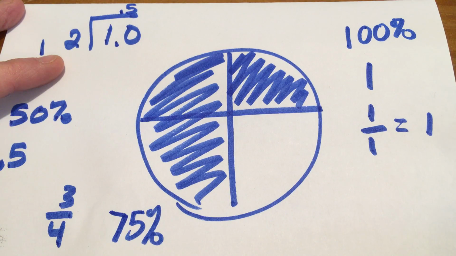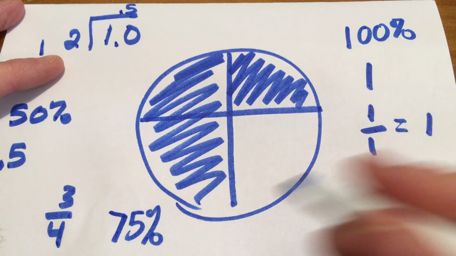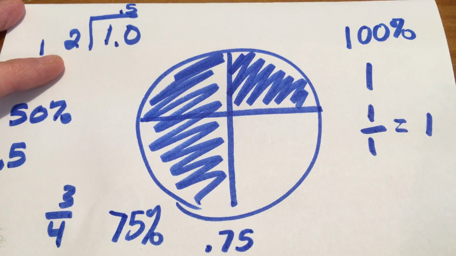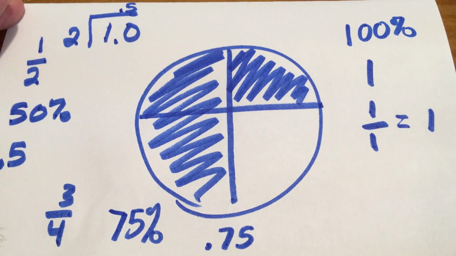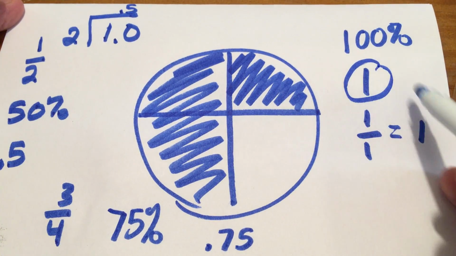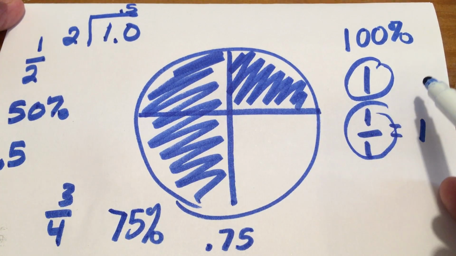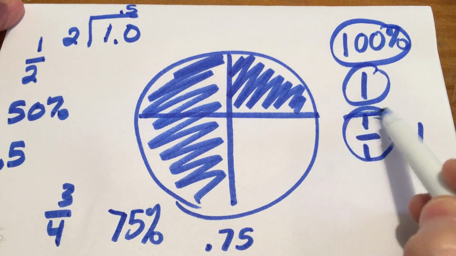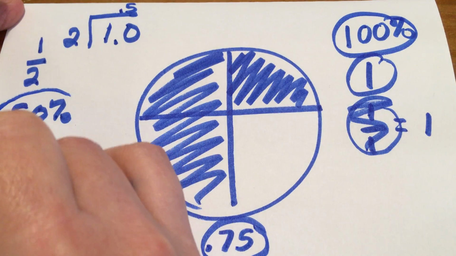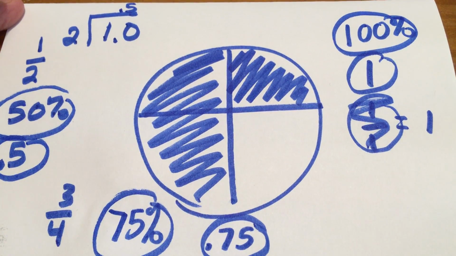Now, if we're going to talk about a decimal, it would become 0.75. Now, I want you to notice a pattern here. Your decimals and percents are always the same numbers. Do you see that?